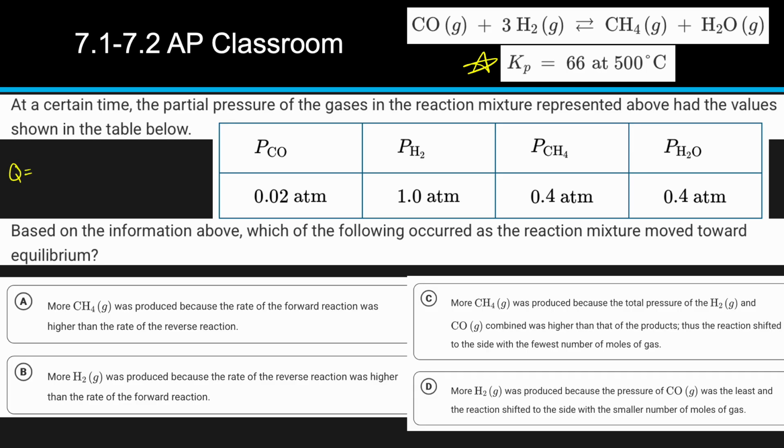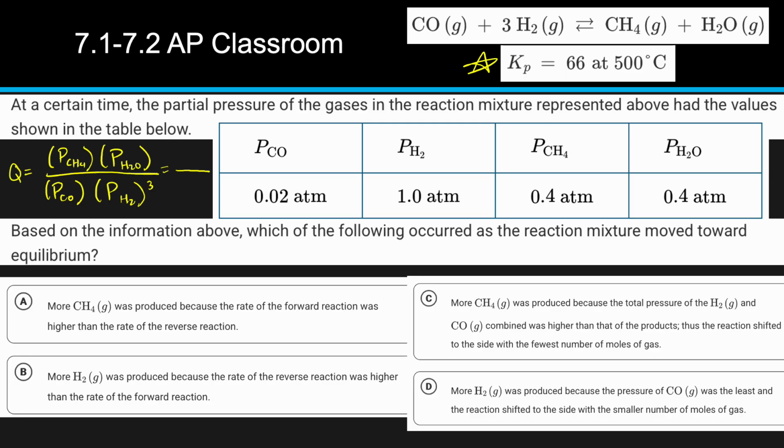So first, let's practice writing our expression. So since we're doing QP, we have the partial pressure of our products, which is CH4 and H2O. And then in the denominator, we have our reactants, so the partial pressure of CO and the partial pressure of H2 raised to the third power.